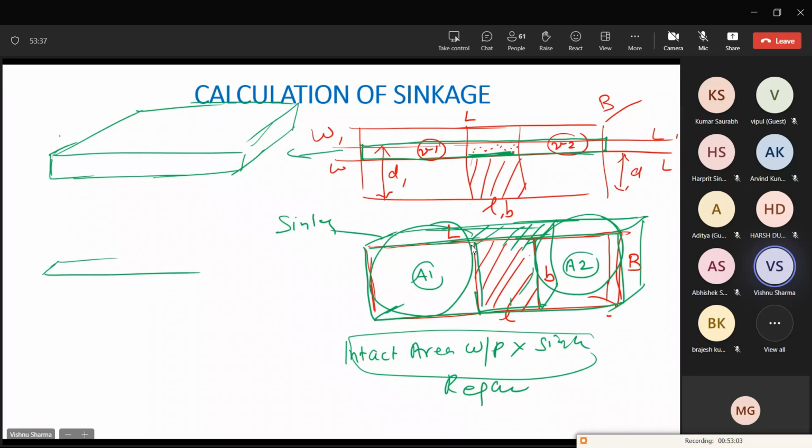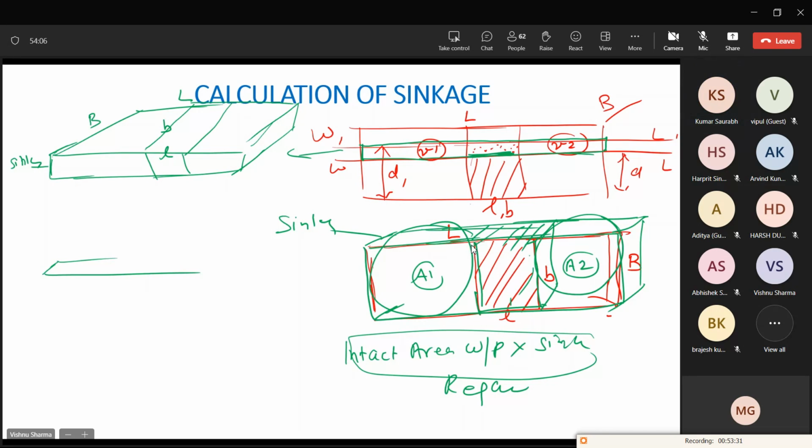This book had length L, breadth B, and sinkage as height. What is the volume of the whole book, beta? Length, breadth into sinkage. Very good. Now, if I cut out this much of the book, is the volume reduced?